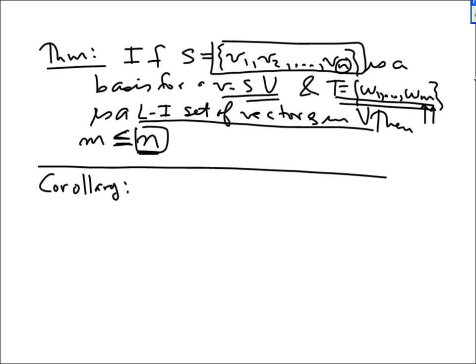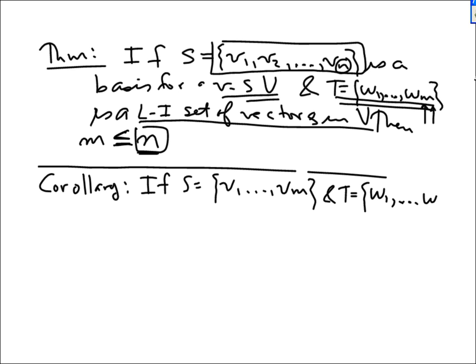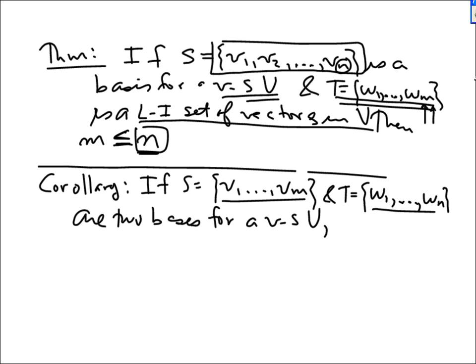Now, corollary. If S equals the set v1 through vm, use a set bracket, and T is equal to, let's use w's, w1 through wn, are two bases for a vector space V. So we have two bases for a vector space V. The first basis has m vectors, and the second one has n.